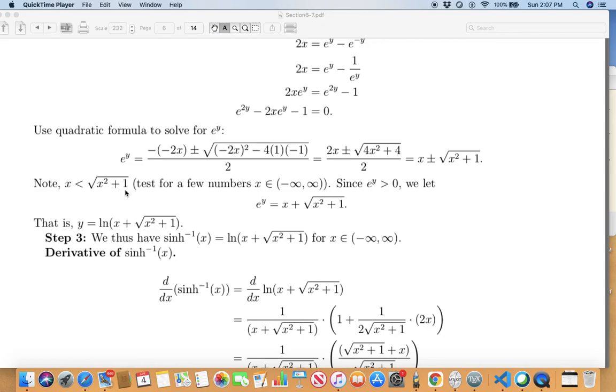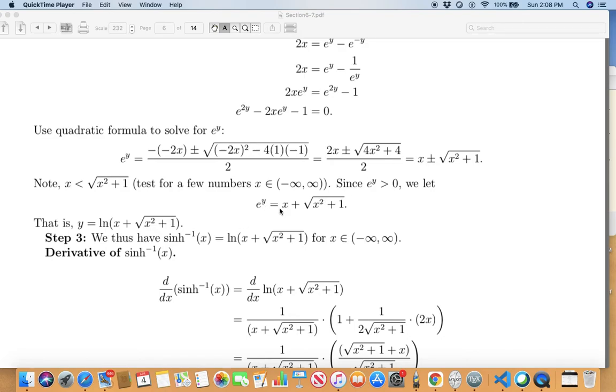Check with any x value. This happens on all of the real number line. So since this is smaller, if I subtract, the result will be overall negative, but the exponential e raised to y always carries a positive value. Therefore, we drop off the negative option.